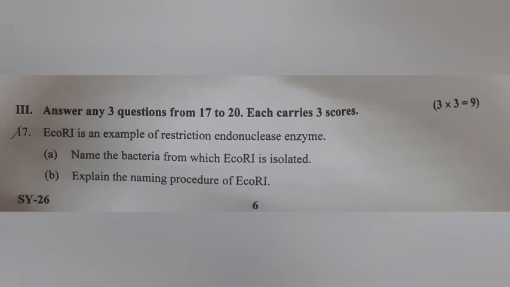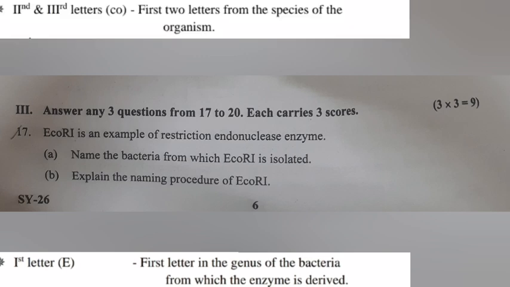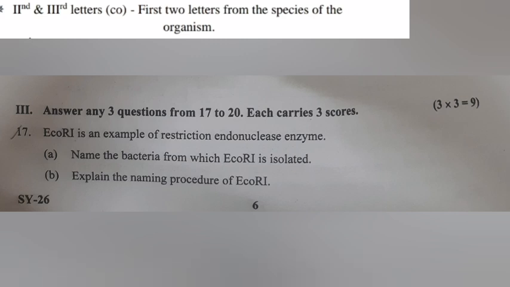B. Explain the naming procedure of EcoR1. Answer. First letter, that is E, represent the first letter in the genus of the bacteria from which the enzyme is derived. The second and third letter, that is Co, represent the first two letters from the species of the organism.